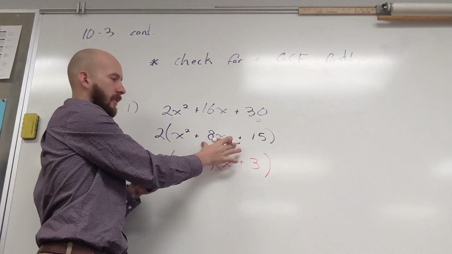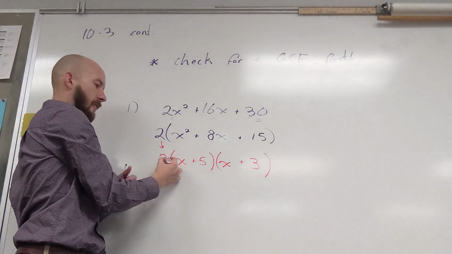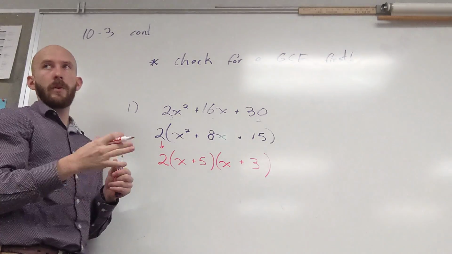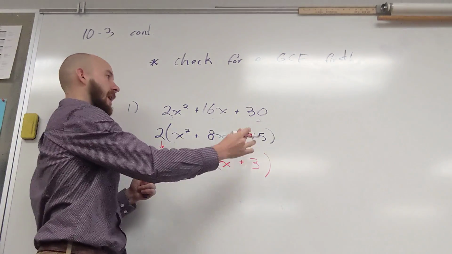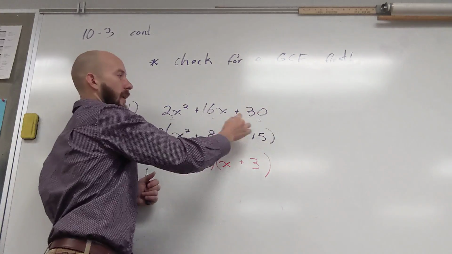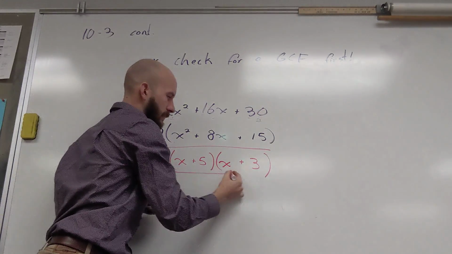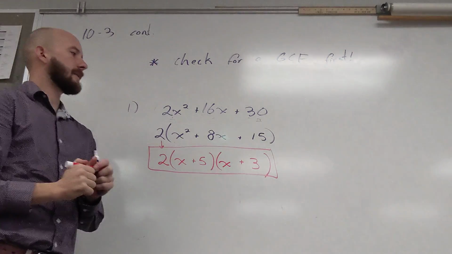They would multiply together to get this. Then you just have to bring the 2 down out front. That has to go with your final answer because that's what makes this equivalent to what I had to start with. So that is your entire answer.